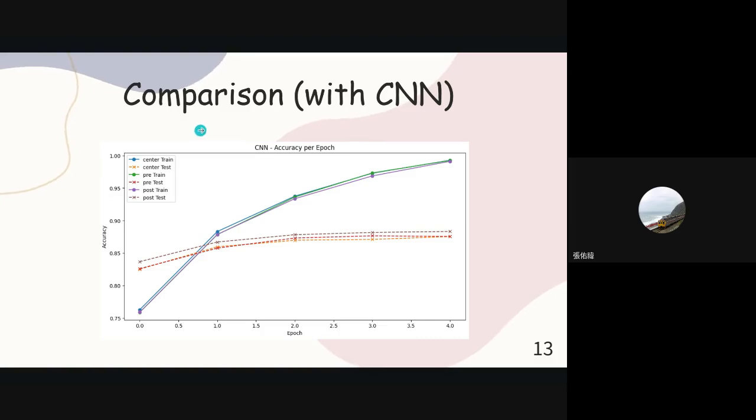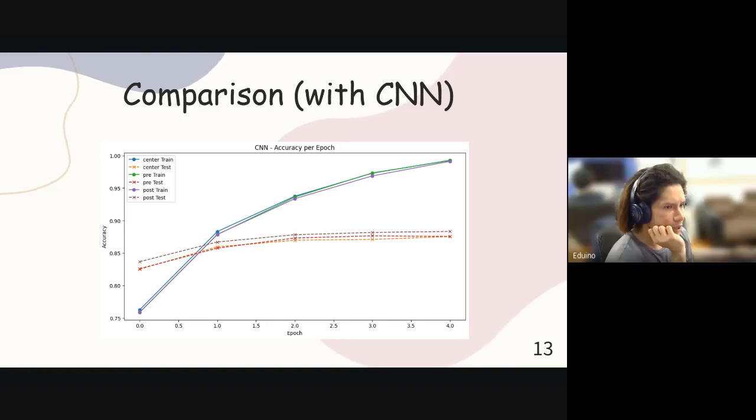And the CNN also works under the 50-50 split, and it got a worse result. So we found that BERT is more suitable for this kind of task.